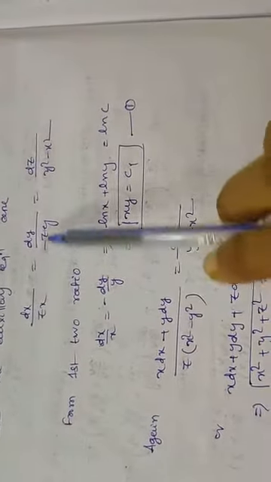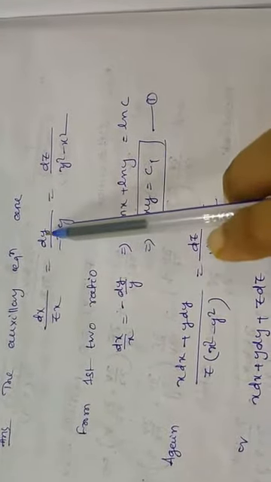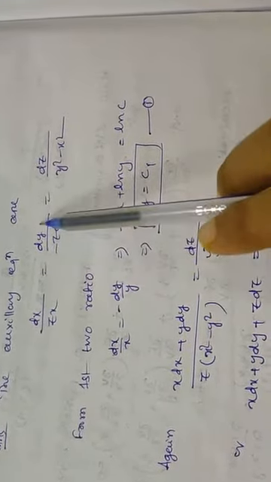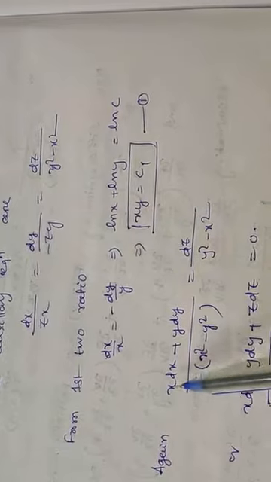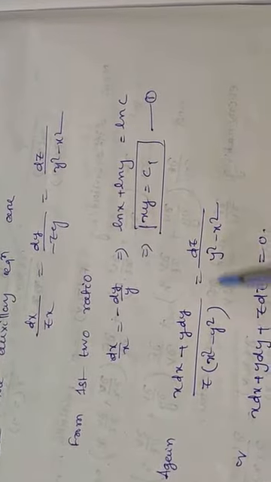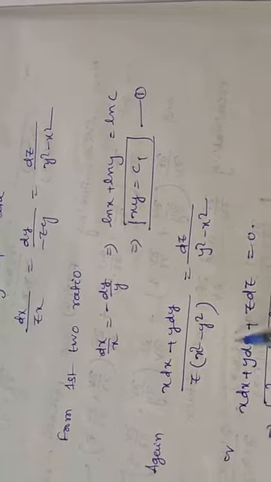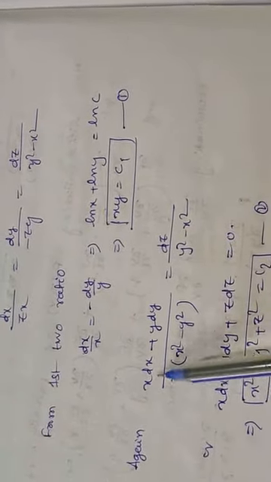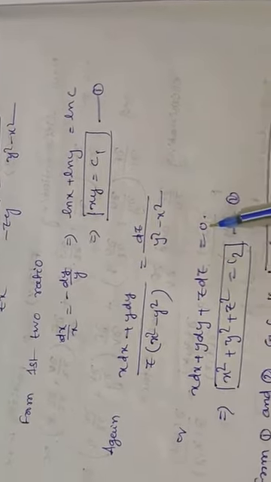Again from the auxiliary equation, if we use the multipliers x and y, x dx plus y dy, it becomes zx square minus zy square. So x dx plus y dy divided by z into x square minus y square is equal to dz by y square minus x square. Now from this we get x dx plus y dy plus z dz is equal to 0.